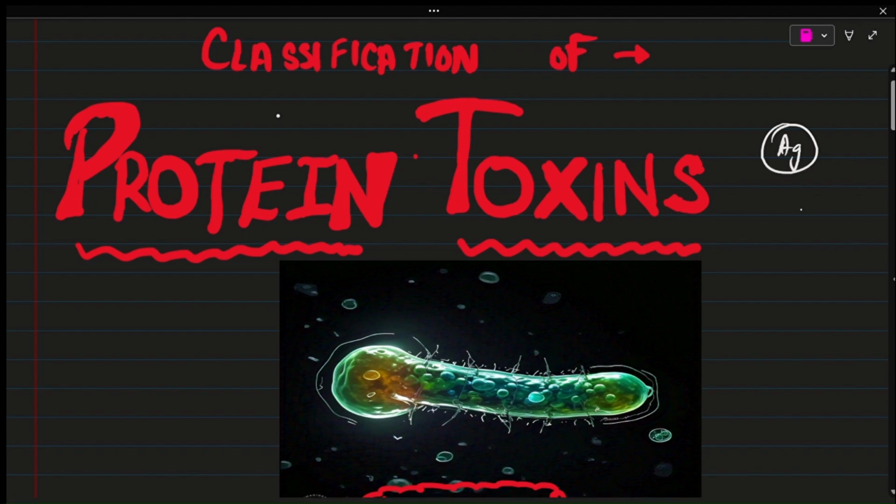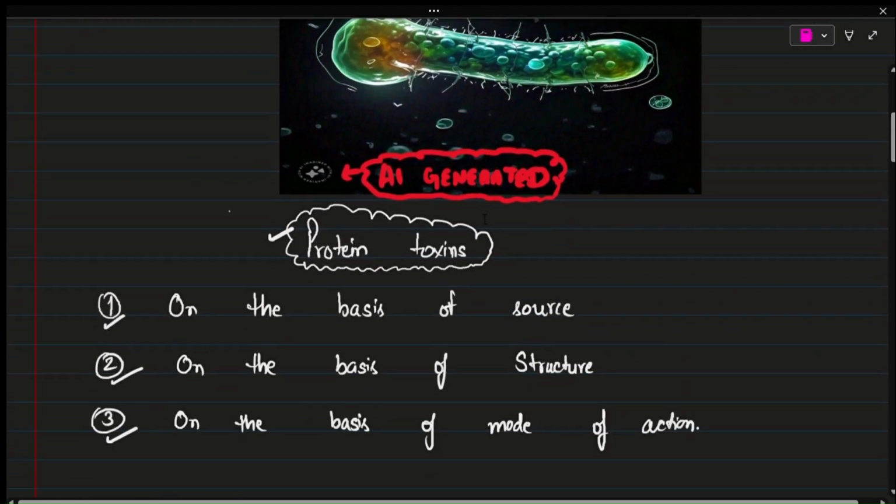You must have read about the three kinds of antigens: protein based, then lipid based antigens, then sugar or saccharide based antigens, okay. But in the case of toxins, most of the toxins which are found in the environment are proteinaceous in nature. That is why we are going to study protein toxins, okay.